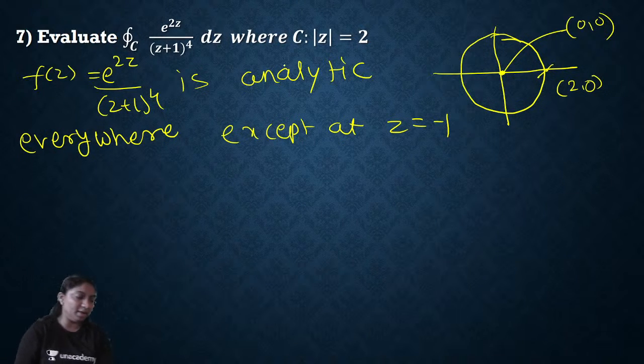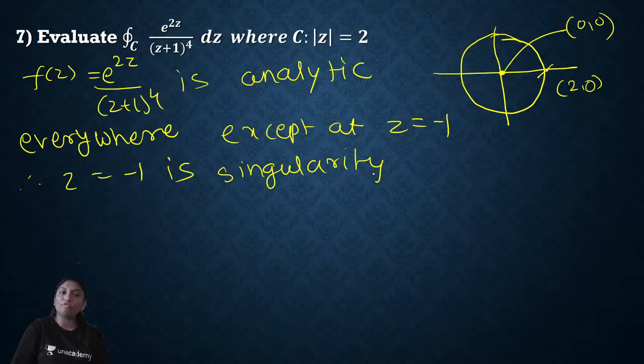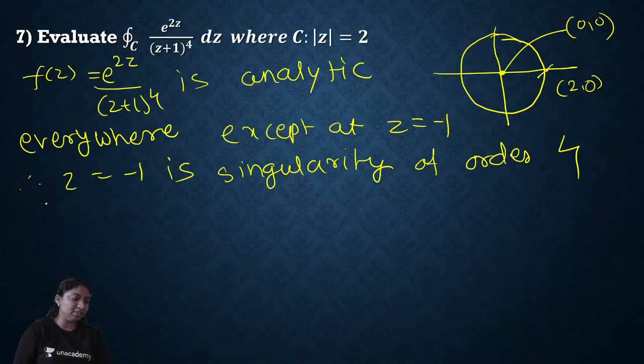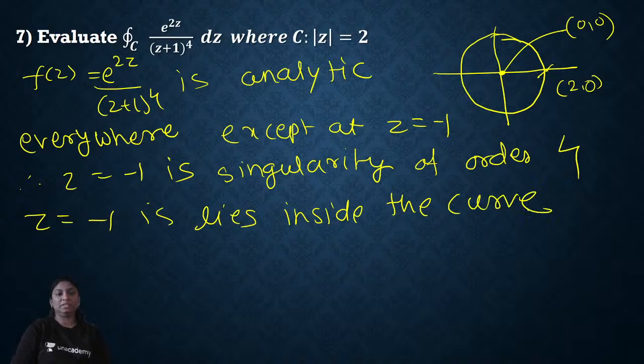Therefore z is equal to -1 is the singularity of order 4, which lies inside the curve C.